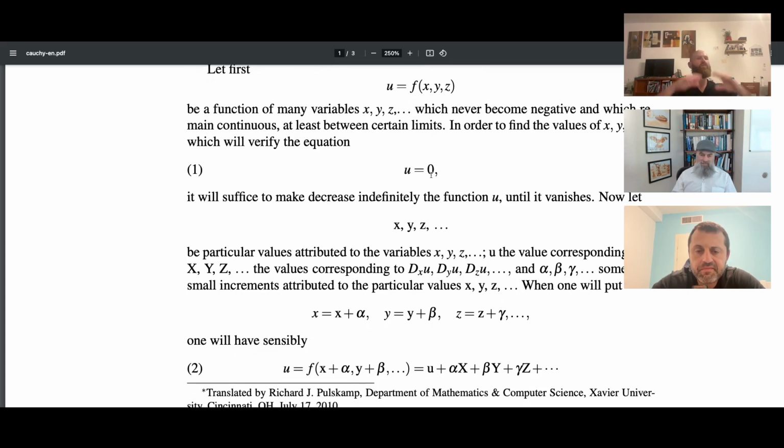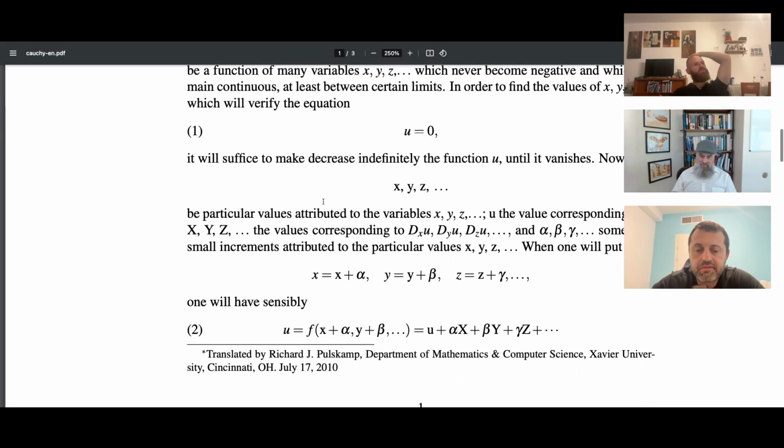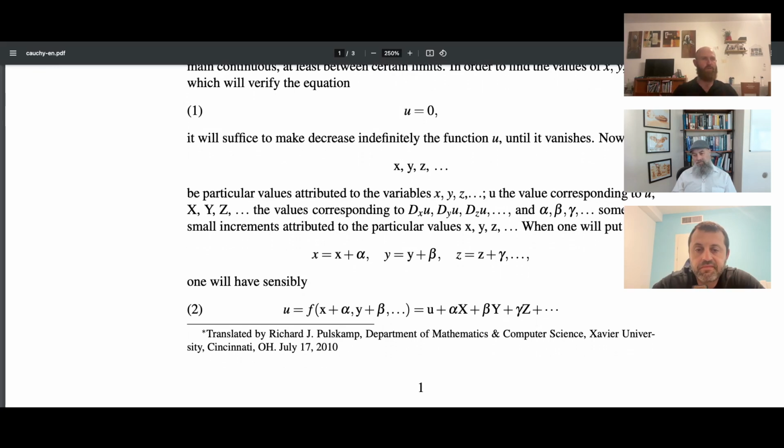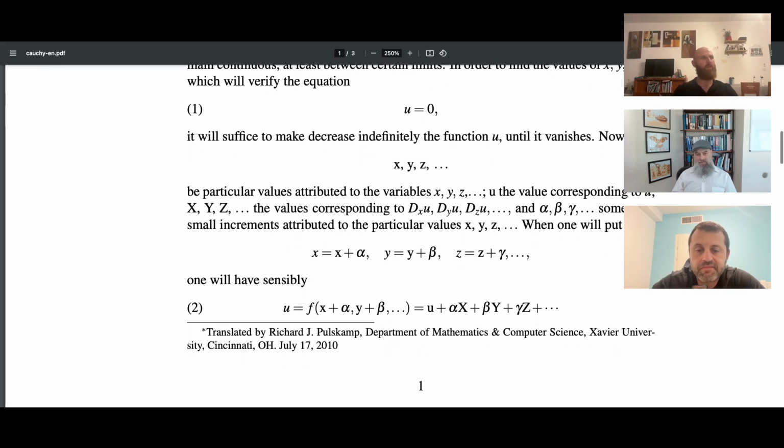Right, so again, we're trying to find some function in high dimensional space where it equals 0. He says it will suffice to make the function u decrease indefinitely until it vanishes. So again, he talks about some kind of minimization.